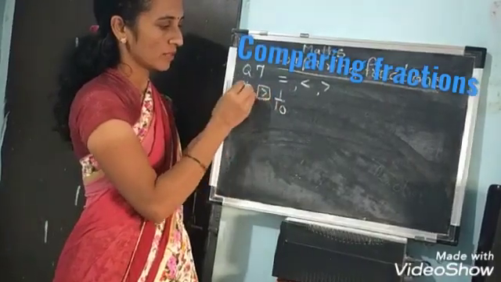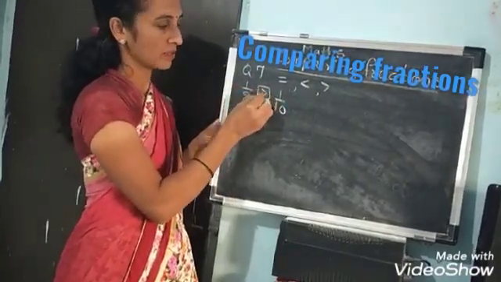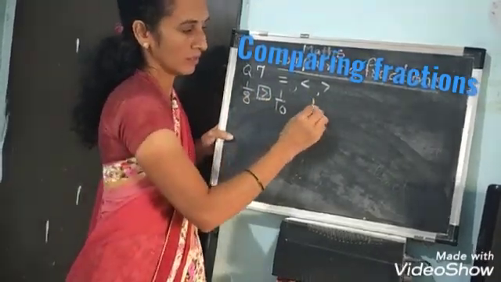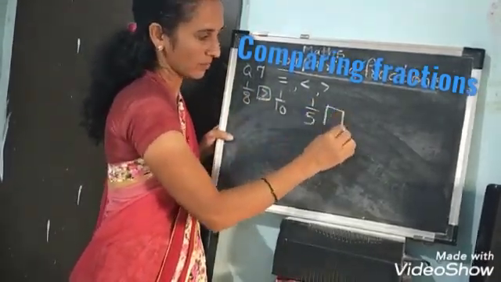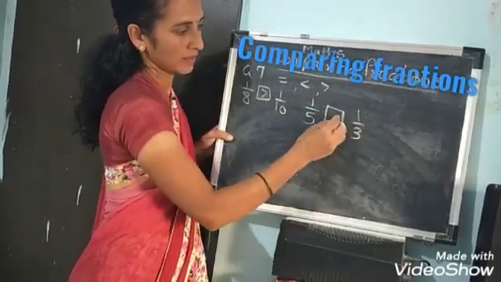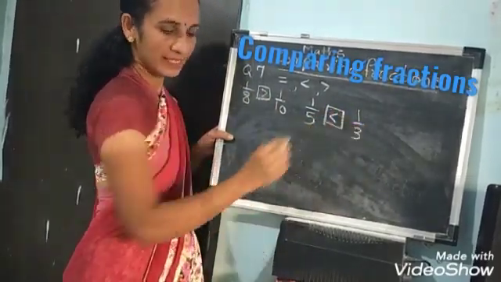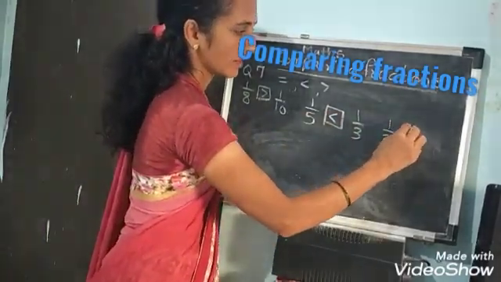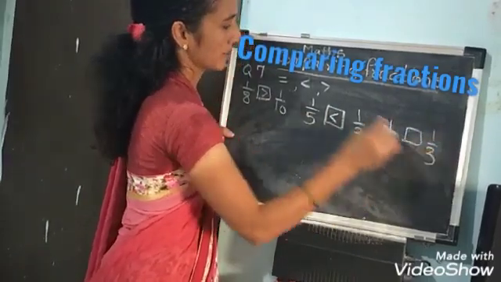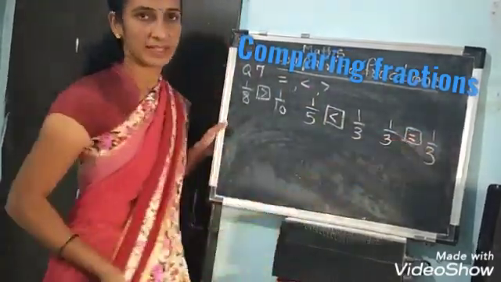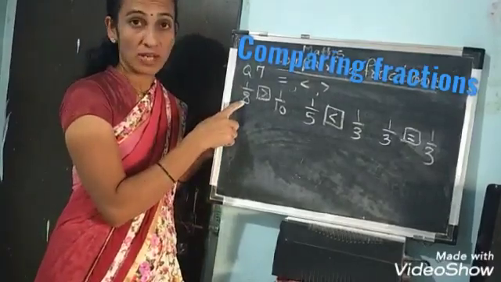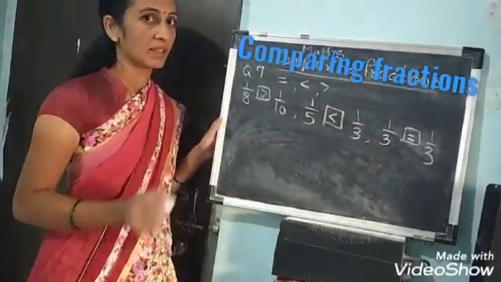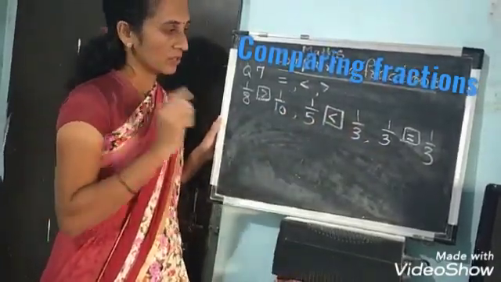So 1 upon 8 is bigger, therefore the two ends point towards the bigger number, the bigger fraction. 1 upon 5, 1 upon 3: 1 upon 3 is the bigger. 1 upon 3 and 1 upon 3 get the equal sign because both fractions are the same. In this way you have to complete question number 7. I have explained only 3 examples. You have to complete that question in your notebook.